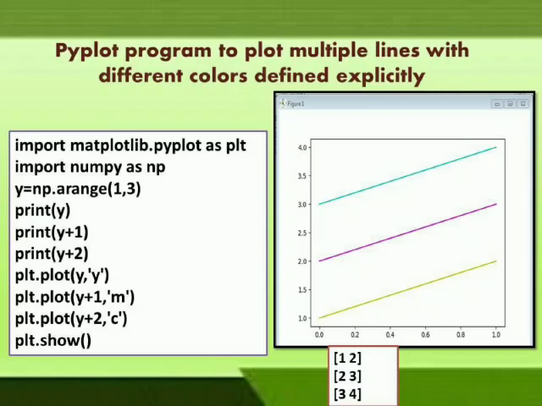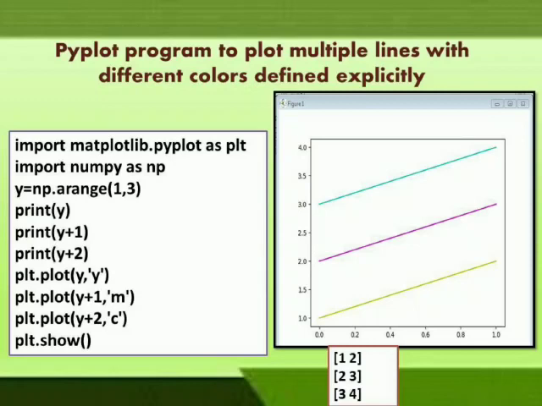Let's begin with it. plt.plot. Plot is a function, it is a method. What do we want? We want to plot y. Y is a numpy array. So plt.plot y comma y, which we have given in single quotes.